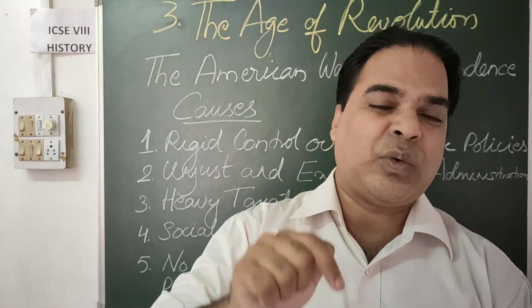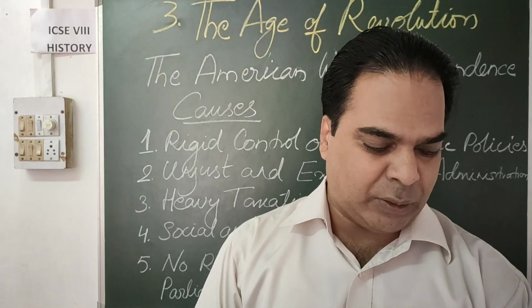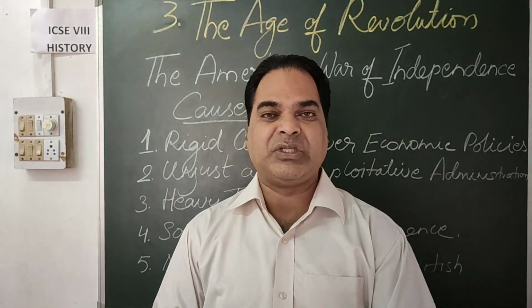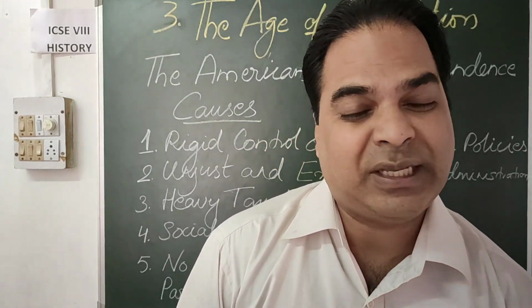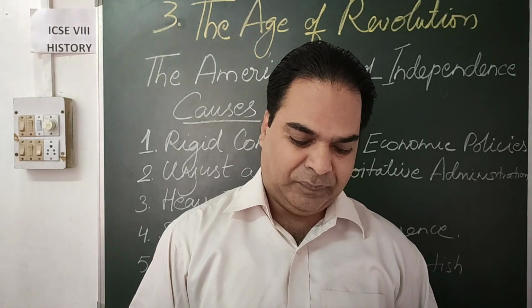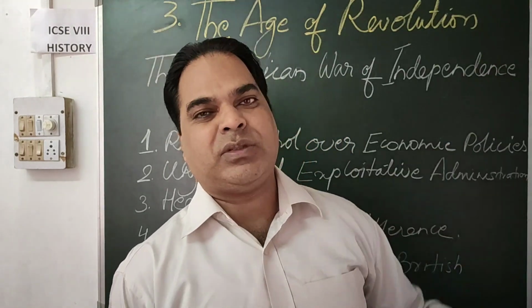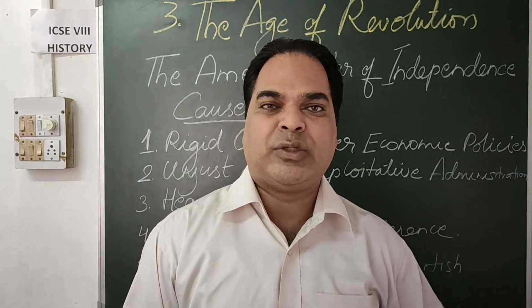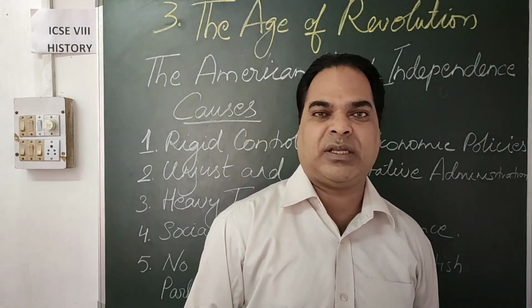This was resented by the people of the 13 colonies, my dear, who were independent-minded Britishers. They don't want to be controlled by a British Parliament because they have left their homes and come and settled in a new land. So they don't want to be controlled by the British government.